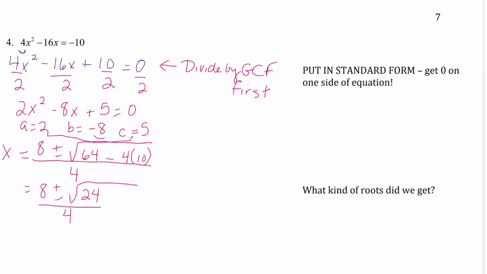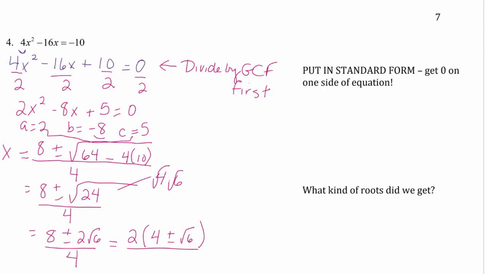Over 4. And then square root of 24, well, this is 4 times 6. Square root of 4 is 2, so 2 root 6. So 8 plus or minus 2 square root of 6 all over 4. Then we're going to look at the numerator for a GCF of 2. This is a 4. And then we're going to reduce these two numbers, the 2 and the 4, by 1 and 2.